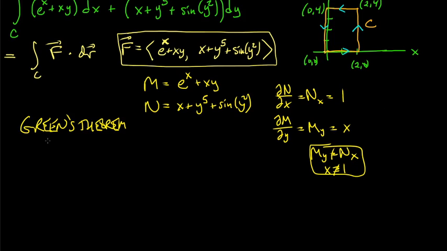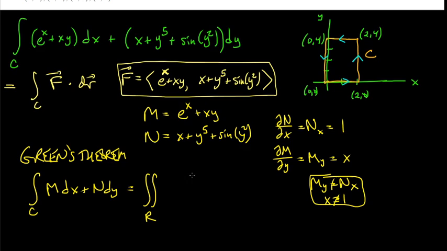So Green's theorem just states the following. When you're integrating a vector field along a closed curve, and let me go back to the differential form here, M dx plus N dy, this is just the double integral over the region R enclosed by the curve. So what is R here?